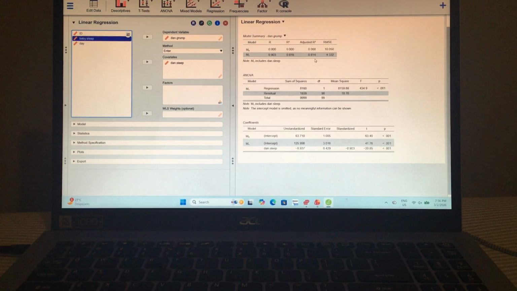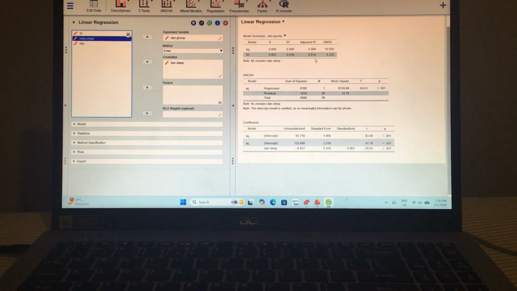This table is testing the overall regression model. It is comparing our model, which contained one independent variable, to the null model, the M subscript 0, which didn't contain any independent variables.